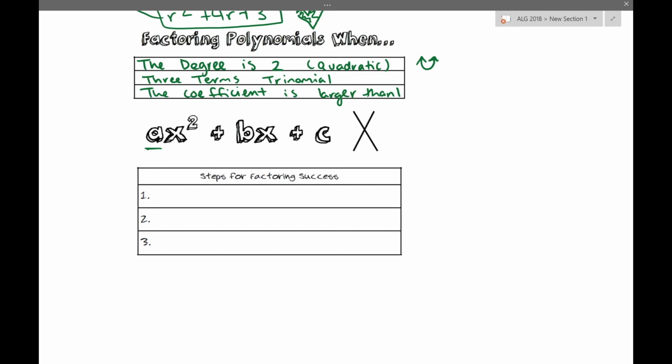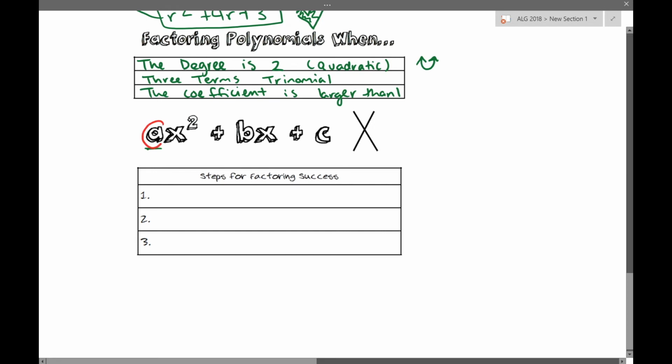We use what we call a slip and slide. The first thing we're going to do is take the A and slip and slide that to the C. What that means is you're going to multiply the A times the C, and place that at the top.